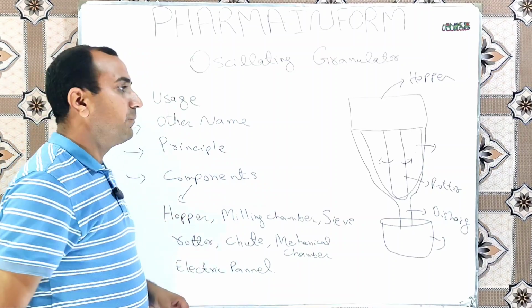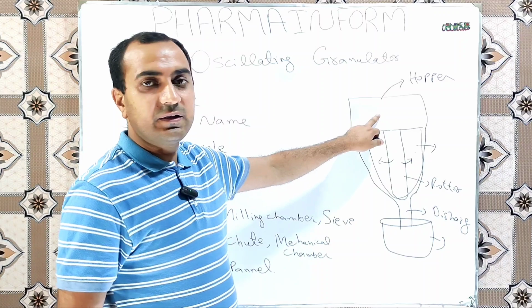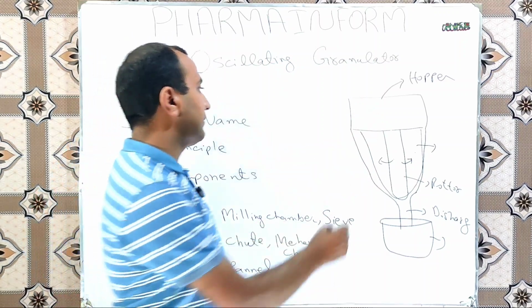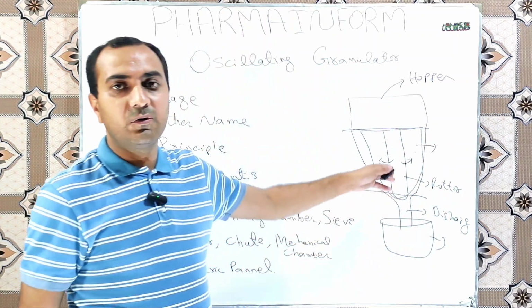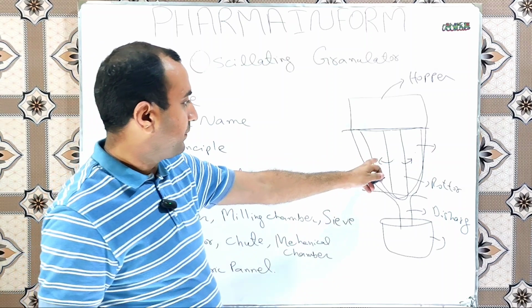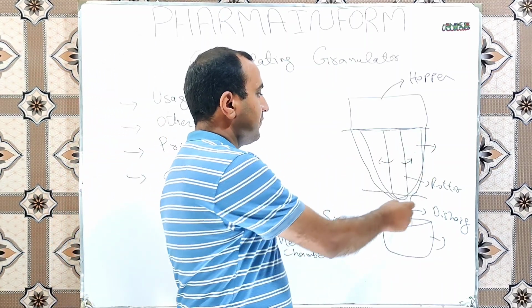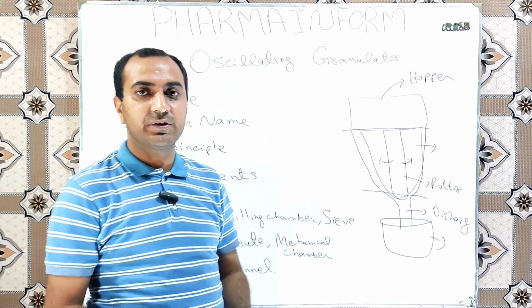Now what are the components of the oscillating granulator? This is the hopper from where we add granules or powder. Next one is the milling chamber. This box is the milling chamber. Meaning, milling or sieving or screening takes place in this portion. Next one is the sieve. A half moon shaped sieve is installed in the oscillating granulator.